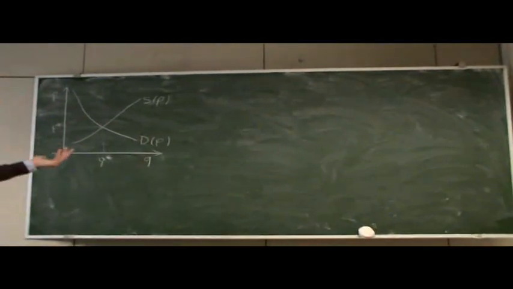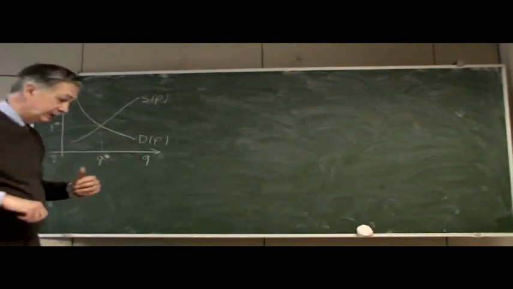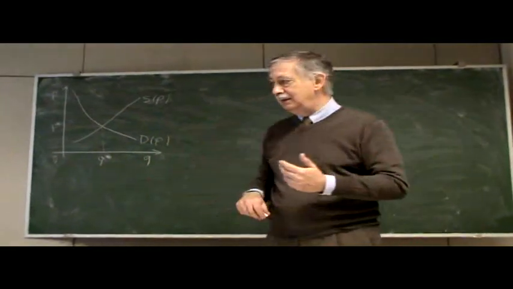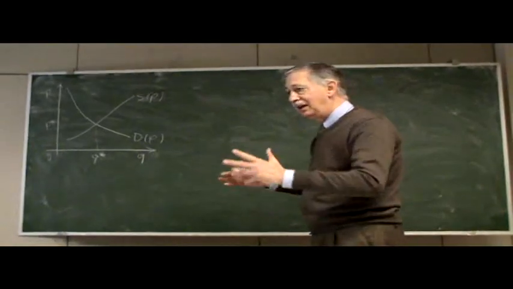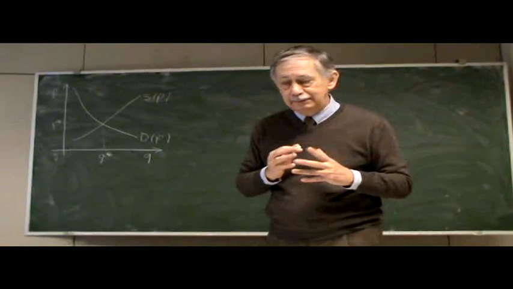We have equilibrium when demand is equal to supply. That tells when all individual plans regarding this good, to buy or to sell this good, are mutually compatible.